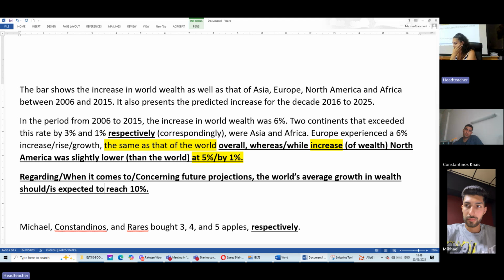When we say something, the best thing is to cover it in terms of the y and the x axis when you start saying something. And every time we change a paragraph, we have to be clear about our y and our x axis. So when it comes to our y axis, we are clear about our subject, which is the world's average growth, the world's, okay?